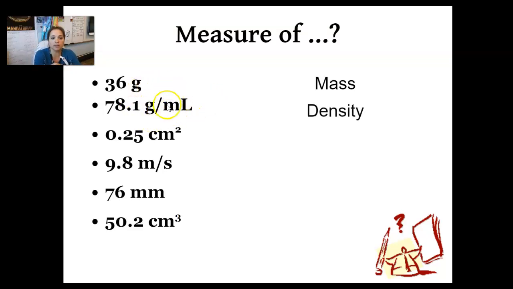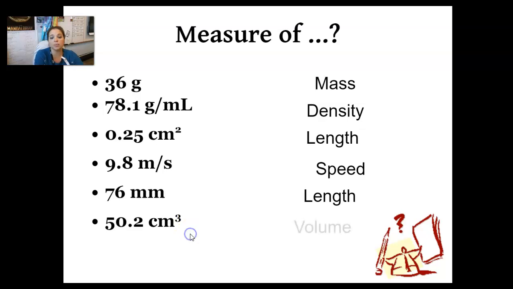Grams is mass, milliliter is volume. It's a density. Centimeters squared? Well, this is going to be a length. How about meters per second? Do you remember that? Should be speed. Millimeters. This one's going to be length again. Centimeters cubed. This one's a little tricky. It's not going to be length. This is going to be volume.